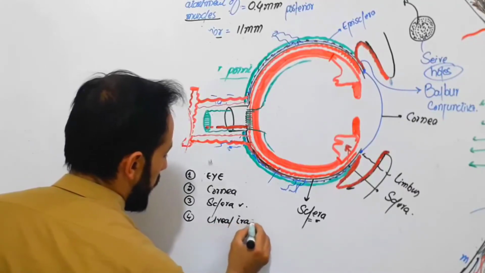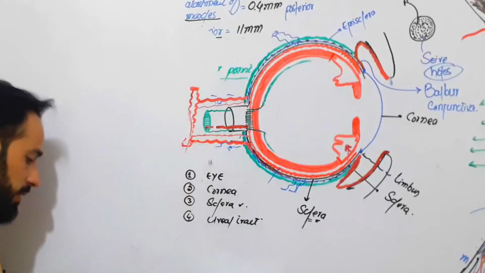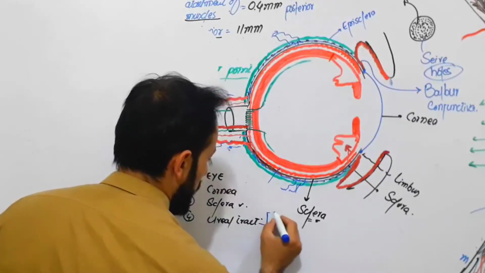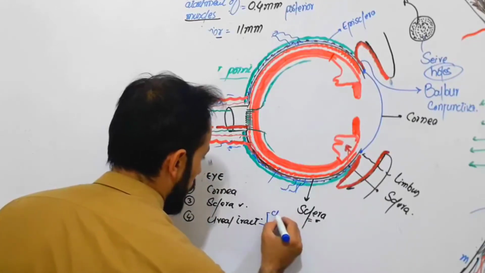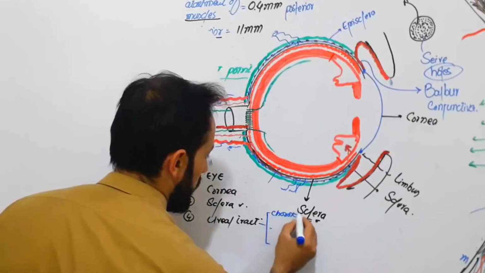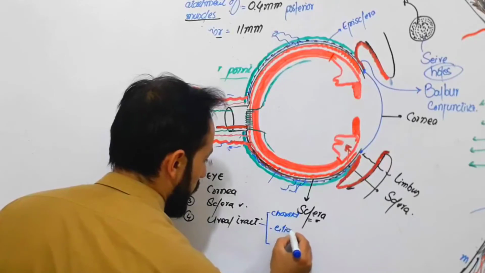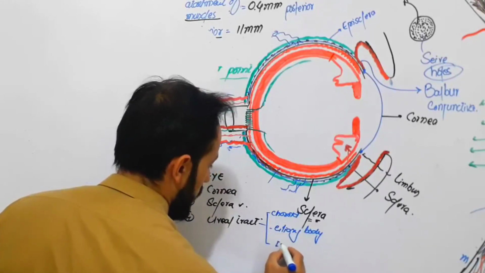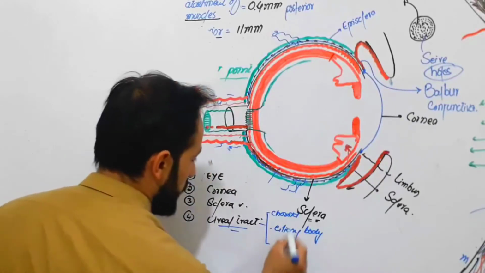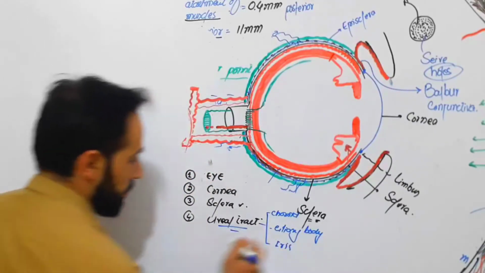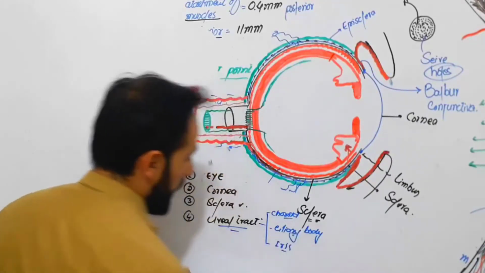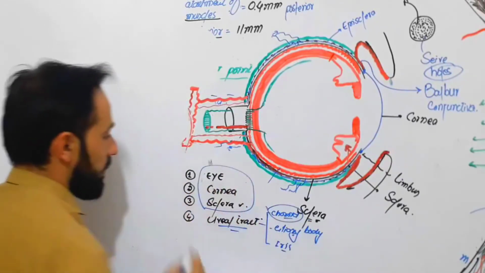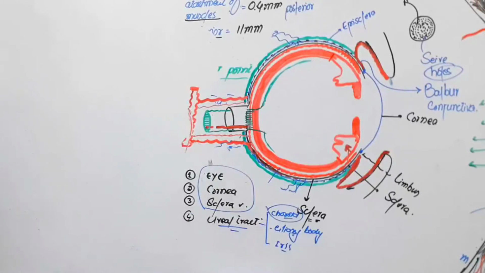And we know that the uveal tract has three important parts: the choroid, the ciliary body and the iris. I have discussed the choroid along with these important structures of the eye.